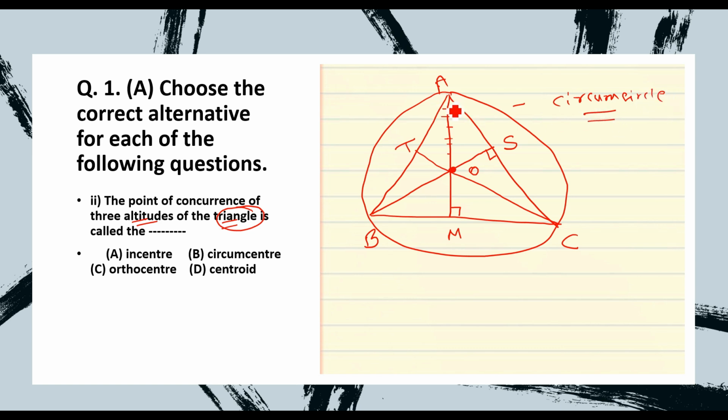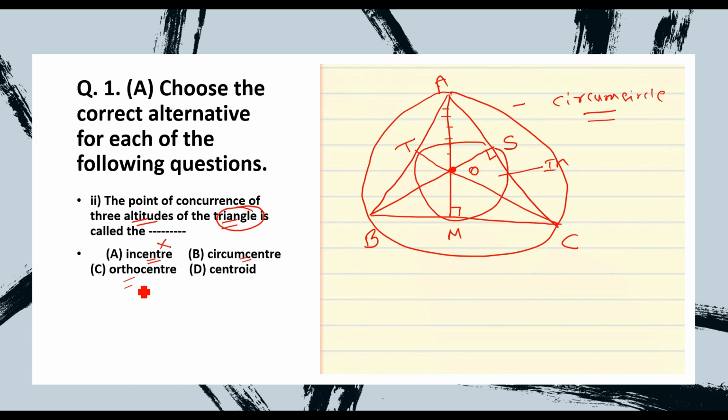A circumcircle is a circle which passes through all the vertices of the triangle. Now my point O, the question is incenter. What is incenter? If I draw the circle here which is touching all the three sides, that will be my incircle. So this is not the incircle, this is the circumcenter.